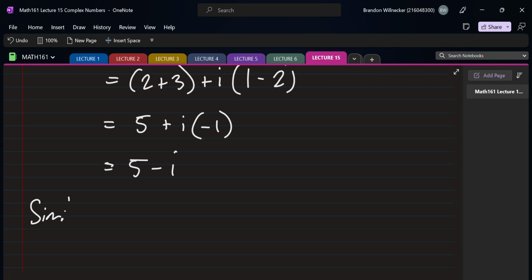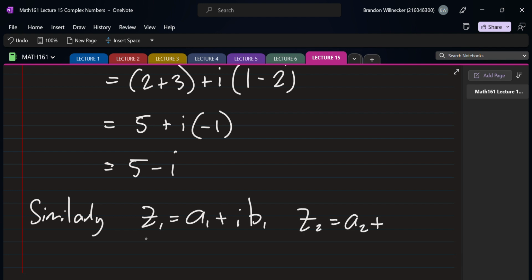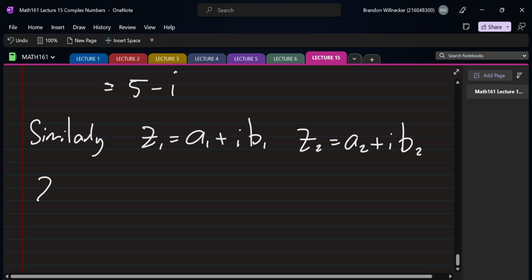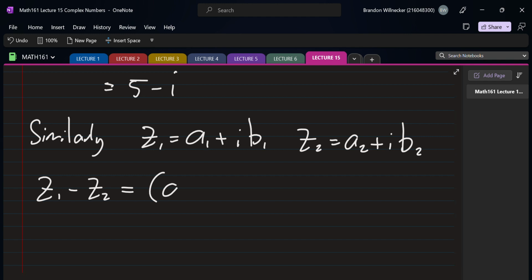Okay, similarly, we can do the same sort of thing for subtraction. So Z1 is A1 + iB1. Z2 is A2 + iB2. We can now subtract the two, Z1 - Z2.